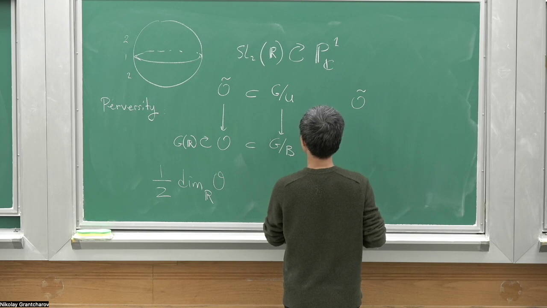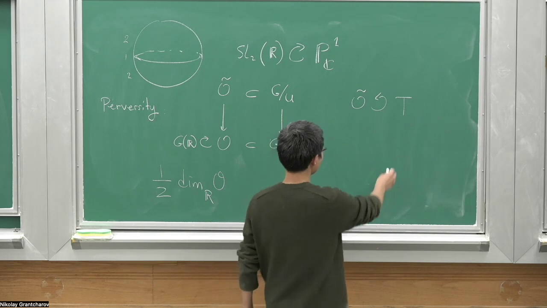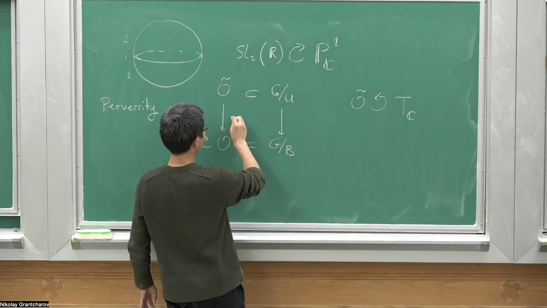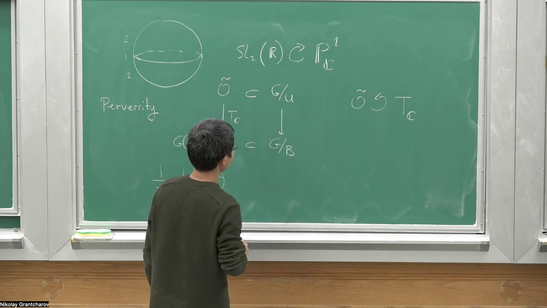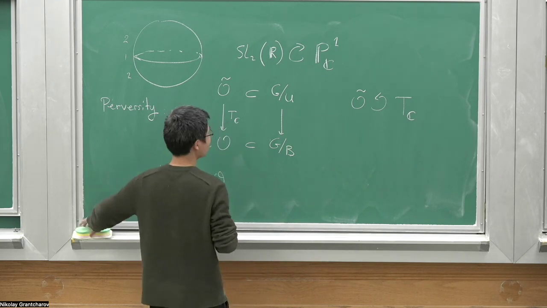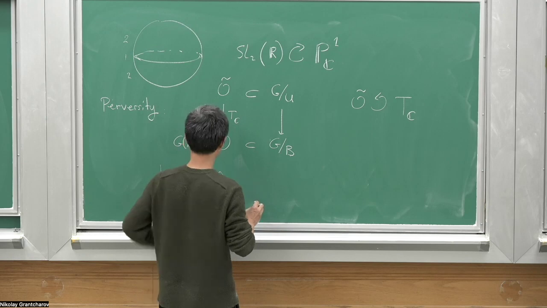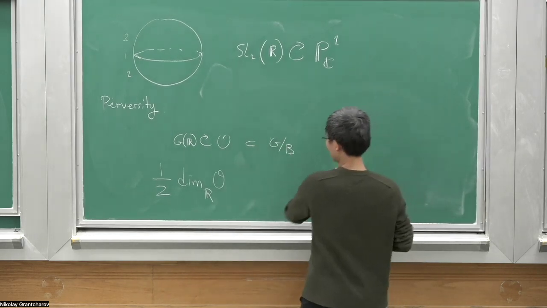So yeah, there's this action of T. This is the complex T. But this is a T torsor. More complicated.